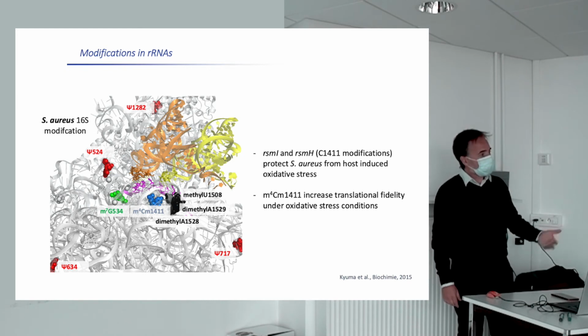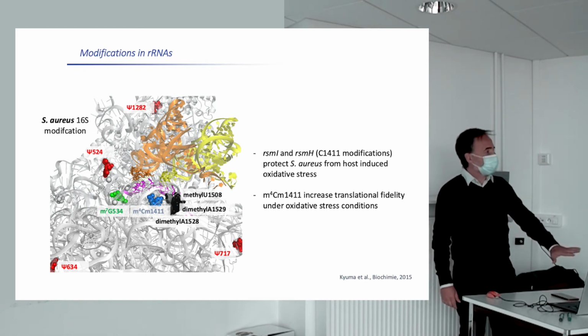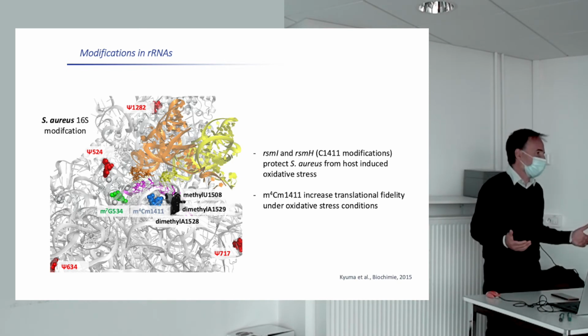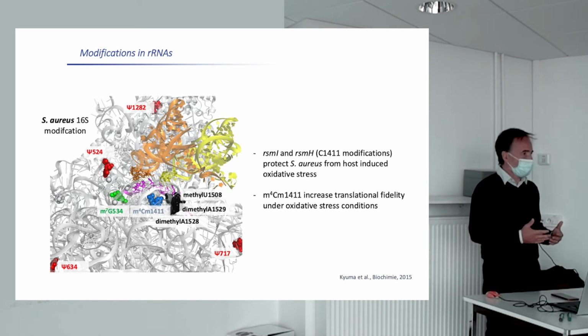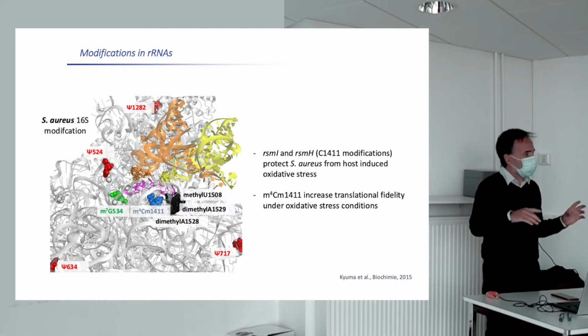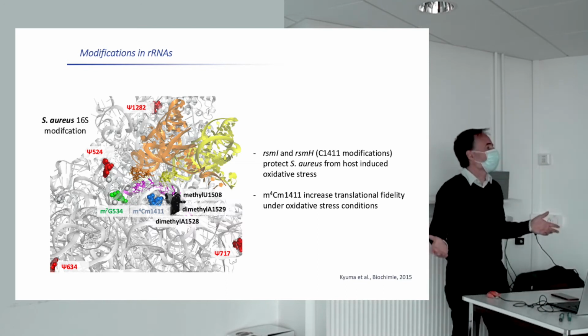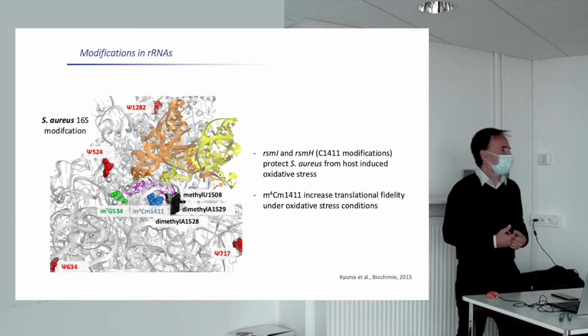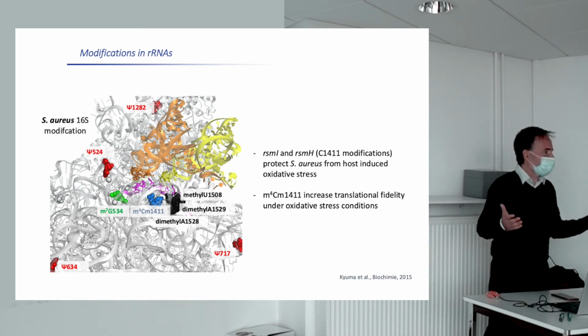If you don't have this modification, especially under oxidative stress conditions, you may form aberrant proteins because you no longer have an efficient proofreading mechanism. The amino acids incorporated into the protein may not reflect the real code present on the messenger RNA, so you may incorporate the wrong amino acid.